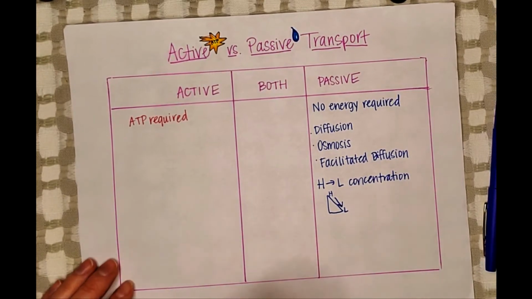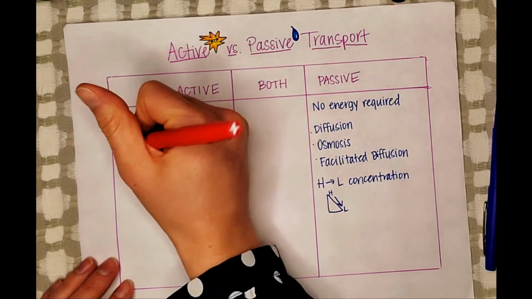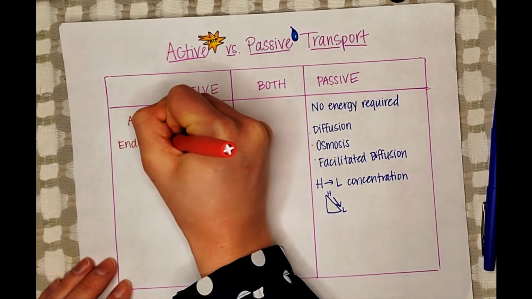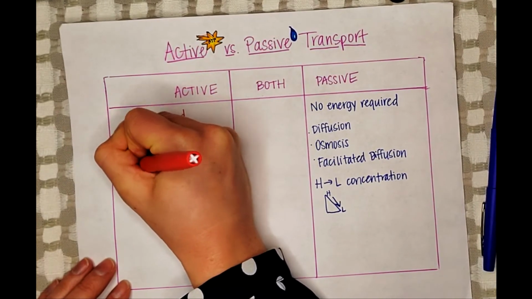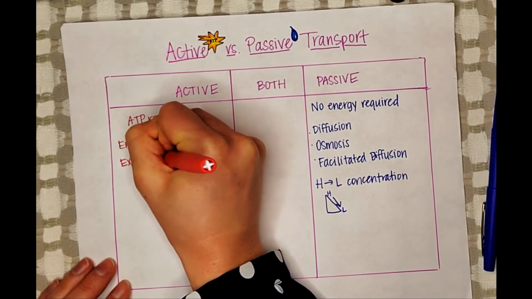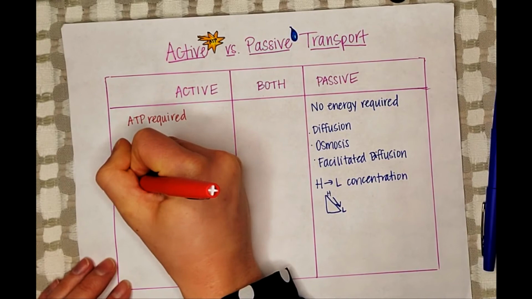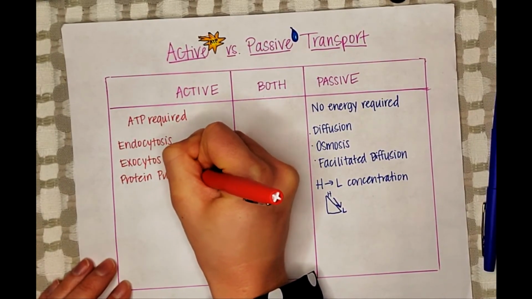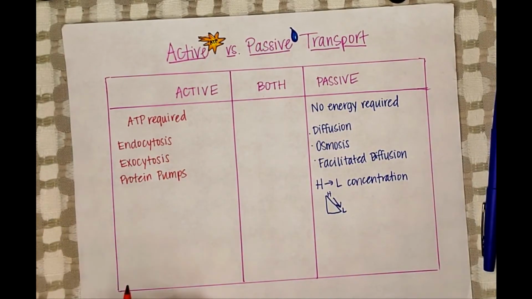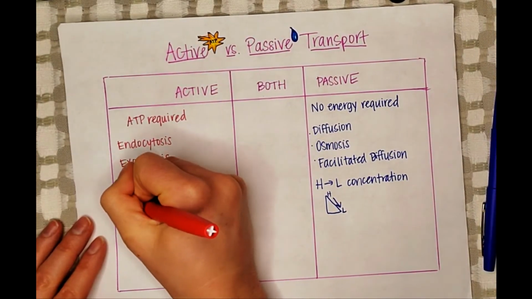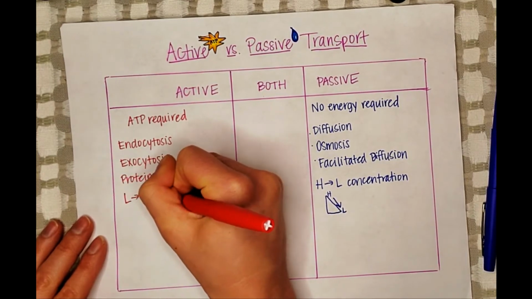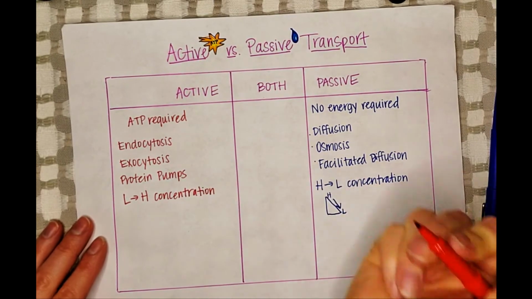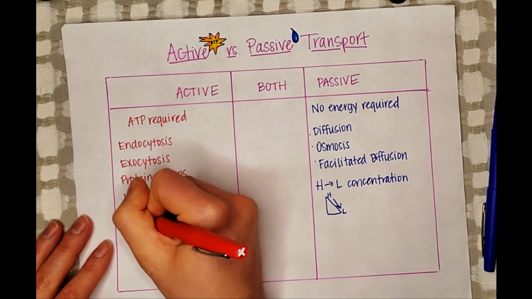For active transport, we have several different types. We have endocytosis, and we have exocytosis. We also have protein pumps. Active transport is going the opposite from low concentration to high concentration, of where there are less molecules to where there are more molecules.